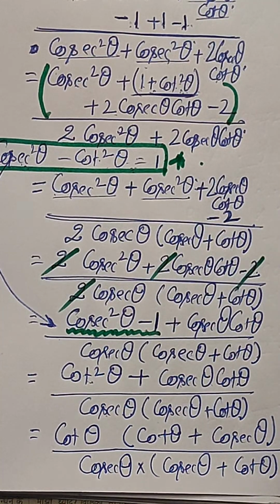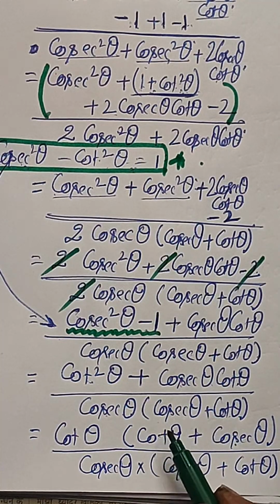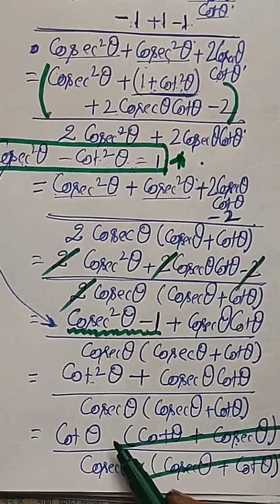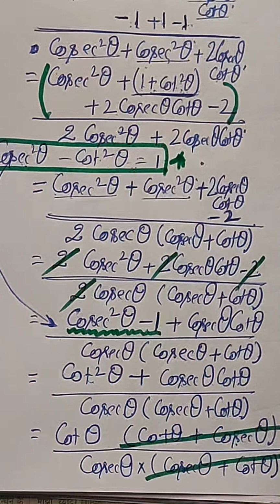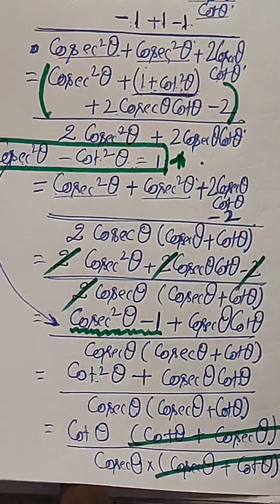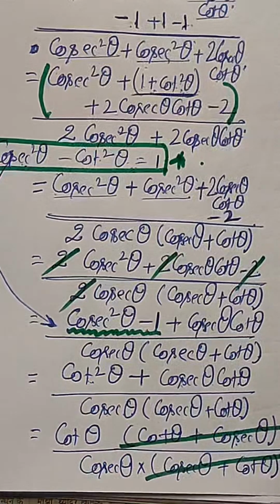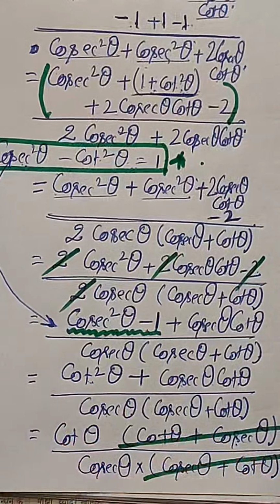So you can see cosec theta plus cot theta is in the denominator and in the numerator. So why don't you cancel this? Because this is all in product, right? So we are left with cot theta by cosec theta, and our answer is cot theta by cosec theta.